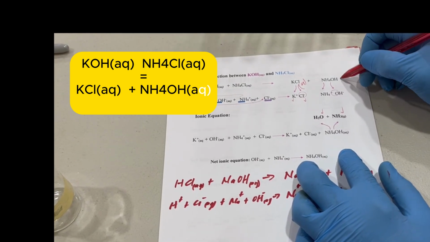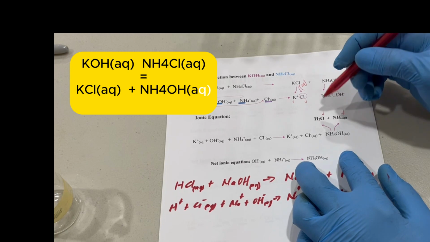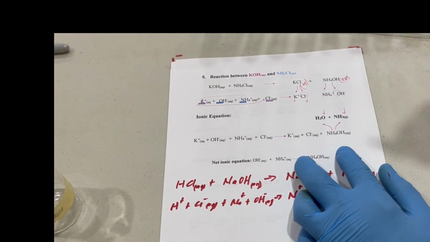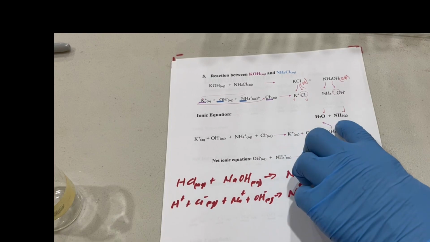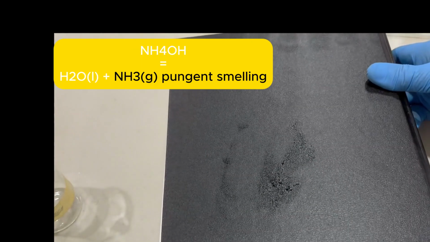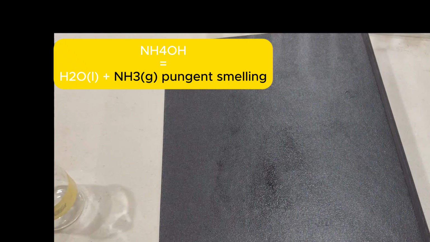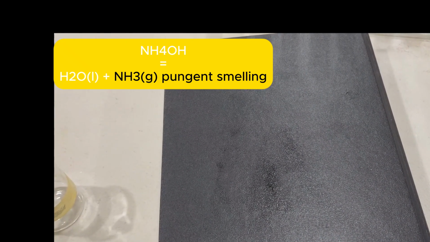So both of these are aqueous, but a reaction does take place because when ammonium hydroxide is formed, it breaks up into ammonia and water. We expect a colorless solution to be formed, but in this case, ammonia gas will be liberated, and we can check for that.